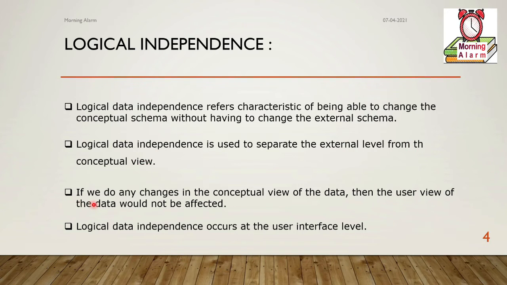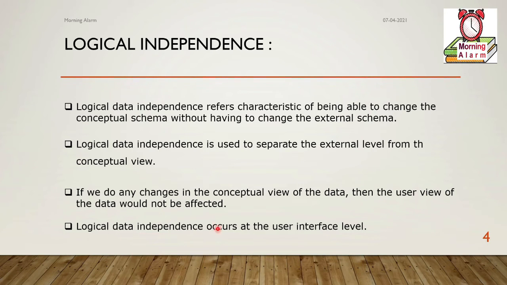If we do any changes in the conceptual view of the data, then the user view of the data would not be affected, which means if we do any changes in the conceptual view, which is present at the center of the architecture, then the user view of the data would not be affected. That means the user doesn't get any difference in the view of the data.